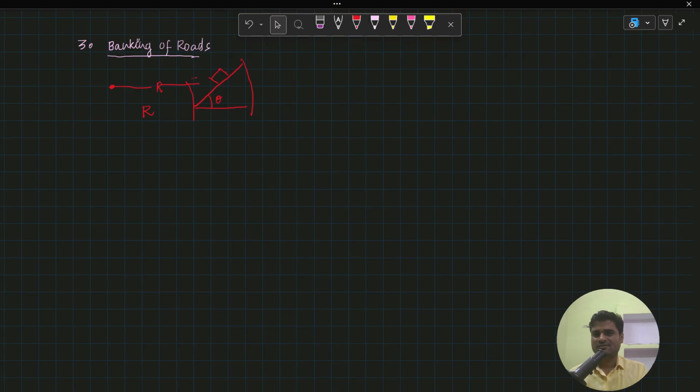So this would certainly need a centripetal acceleration v square by r. We know that normal force is always perpendicular to the surface. So this is normal force. Weight mg will always be acting towards the ground.